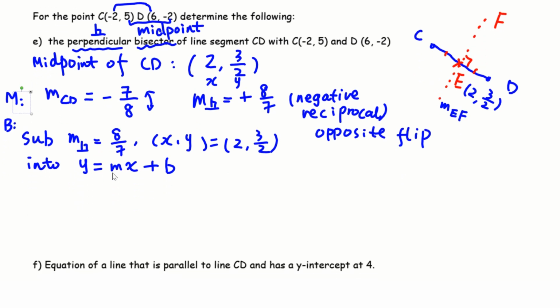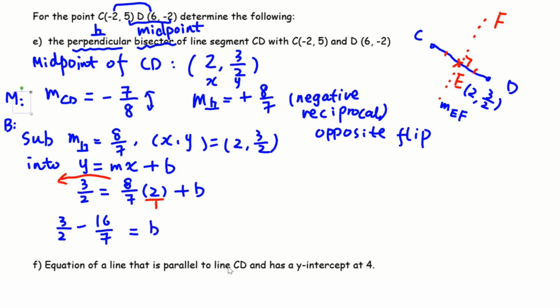So we are going to have y is 3 over 2, slope is 8 over 7, and 2 plus b. Numerator times numerator, denominator times denominator is 16 over 7. Then solve for b: we move it to the other side, 3 over 2 take away 16 over 7 equals b.